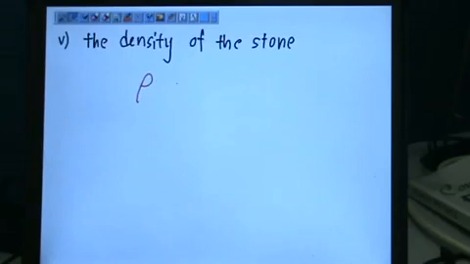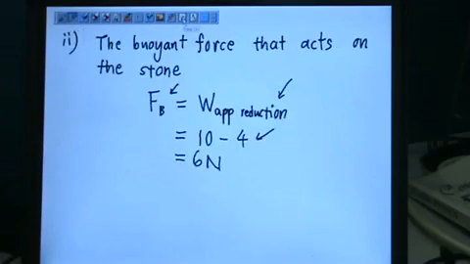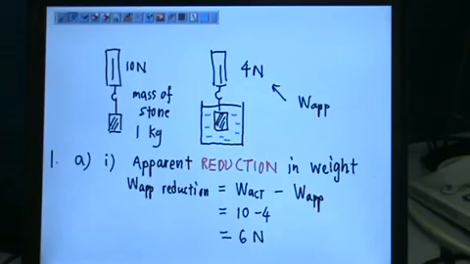Density of the stone, why don't you just take this one? So you have, let's go back to the first page. The mass of the stone is actually 1 kg.